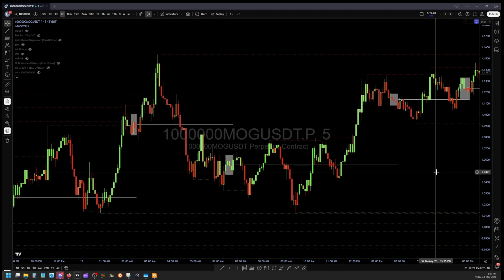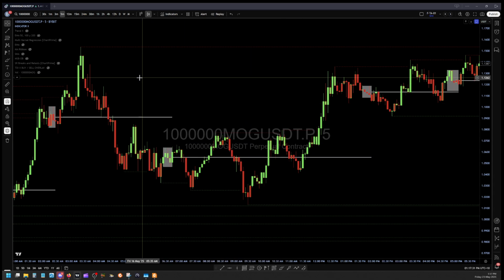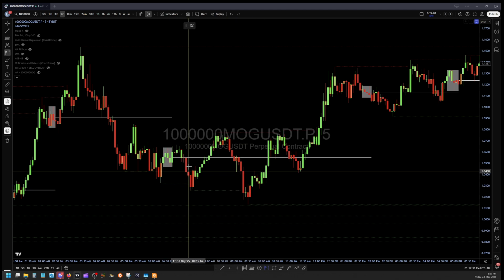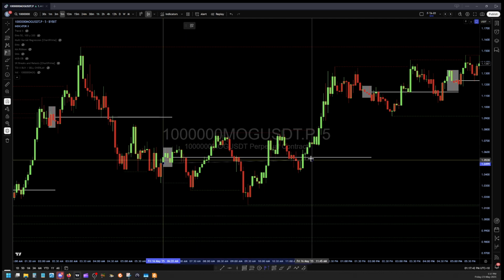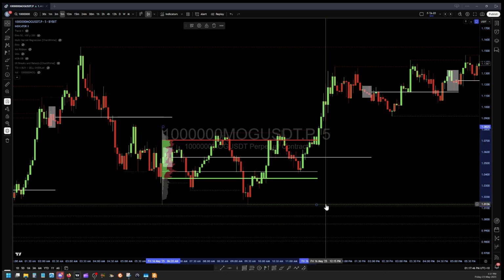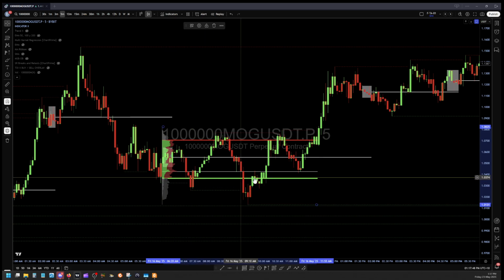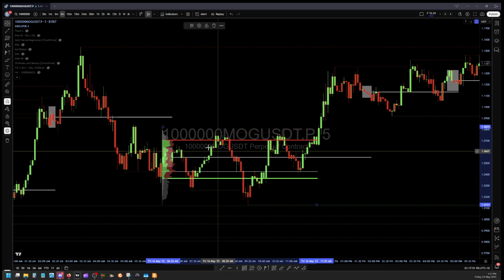What I would think of it too is it's so similar to a fixed range volume profile. If you took your fixed range volume profile tool, clicked it and moved to the other end of the line, you'll see this green line would be your volume area low, and the red one would be your volume area high.